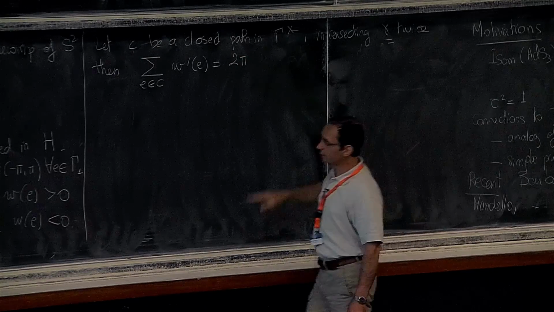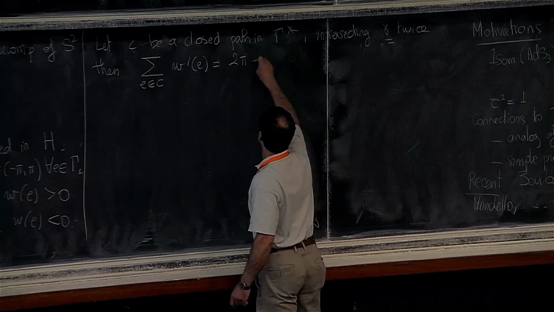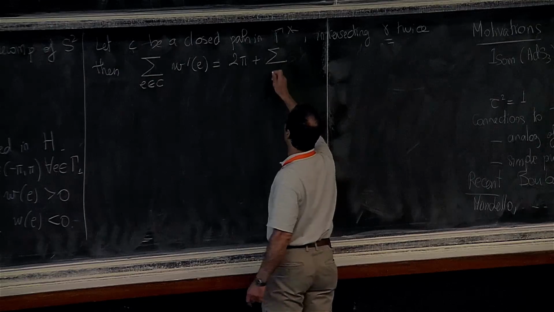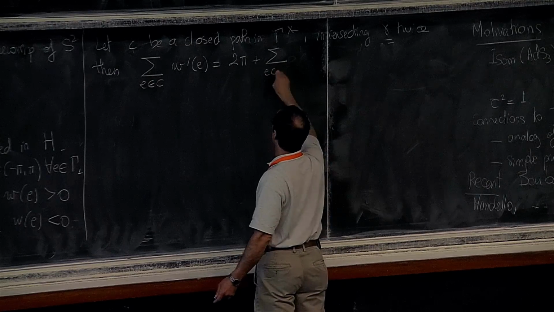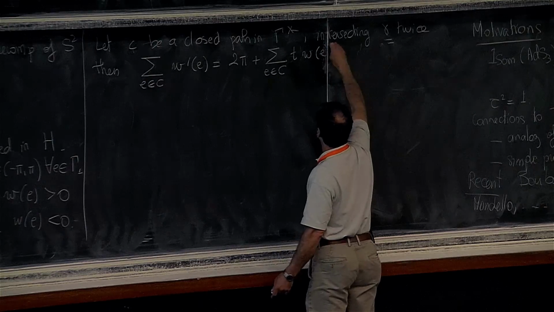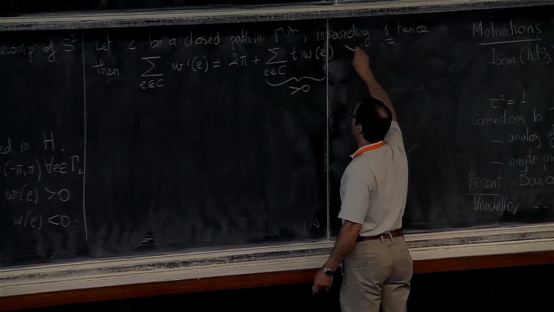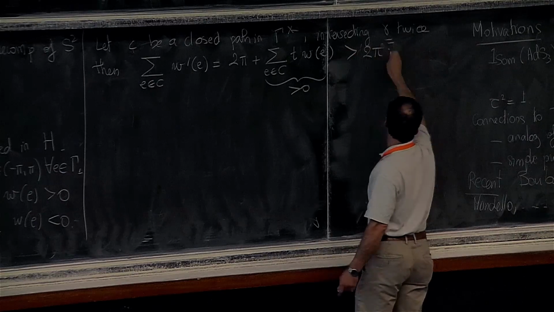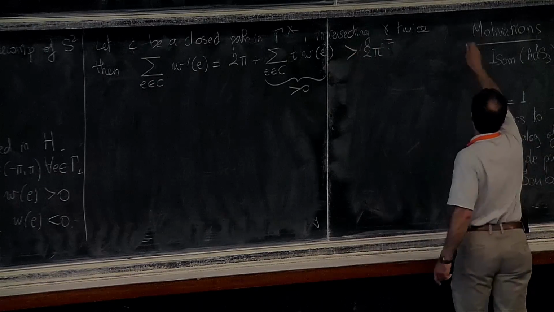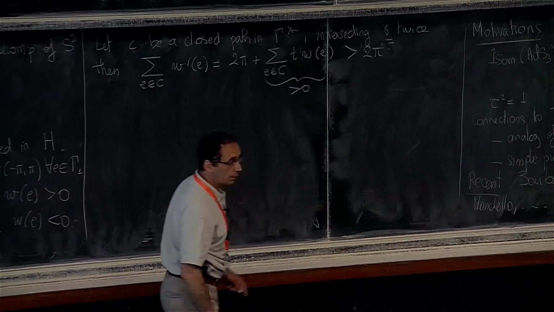So you'll be adding pi in exactly two edges, plus the sum over all the edges in C of T W of E, right? And we know by definition that this is positive, so this is going to be bigger than 2 pi. So in this case, the second condition in theorem B is satisfied.